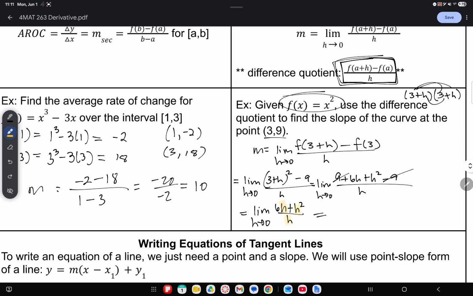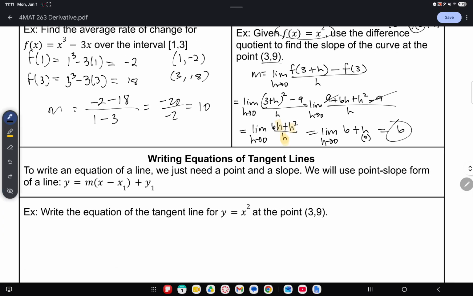So I can factor it out, and I'm left with the limit as h goes to 0 of 6 plus h. I can plug in 0 now for h and get 6 plus 0, which is 6. So that is my slope at that point.